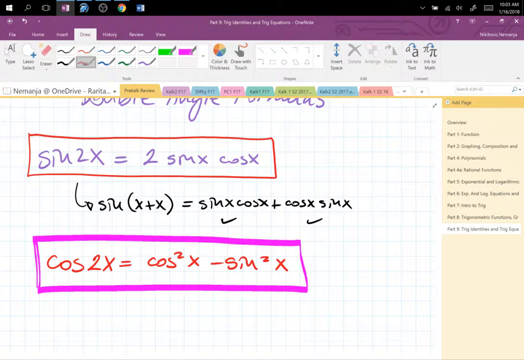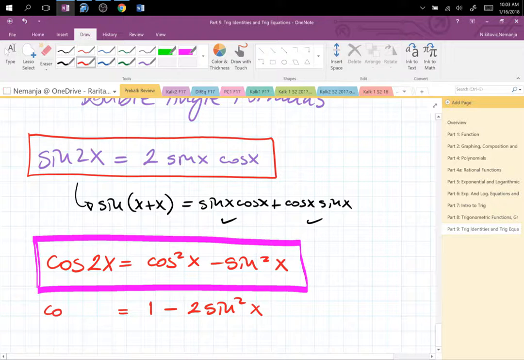And the reason why it's important is because it has two other flavors. If you replace cosine squared using the Pythagorean identity, cosine squared is, remember, 1 minus sine squared, you get 1 minus 2 sine squared x. So cosine 2x can be written in this way.